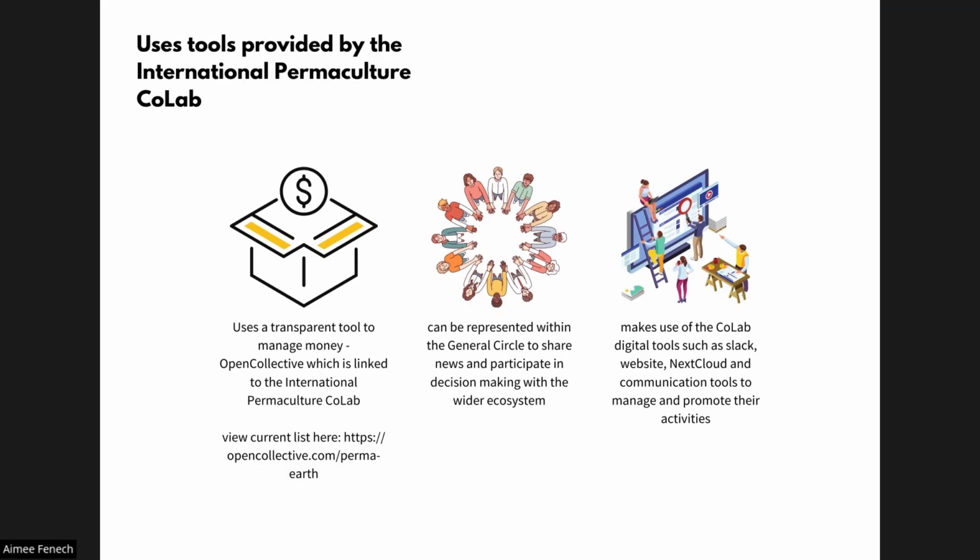And we also provide Nextcloud, which is like a Google Drive, but ethical, for teams to work together and store their documents. They can also have user groups, so the freelance team could have one user group. They share access to all the internal files that they have, and this is one way of managing their tools and communications.